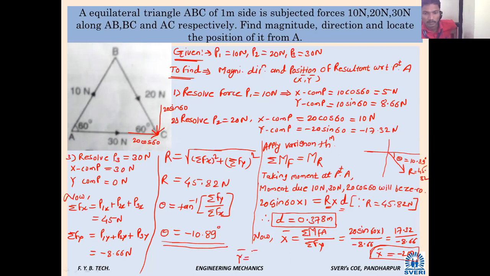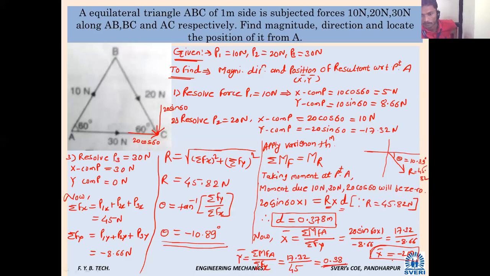Similarly, y bar. Directly I will write the summation of moments due to all forces about point A divided by, while calculating y bar, the summation Fx. So directly now I write 17.32 divided by the summation of Fx, which is 45. It comes to 0.38.